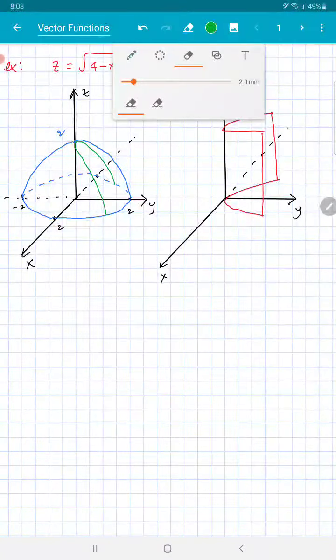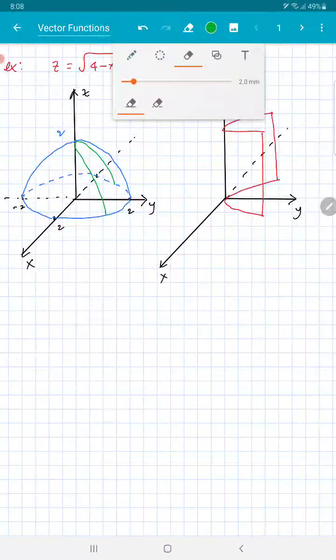So what we do is we start with the surface with fewer variables in it. In this case, that is the parabolic cylinder. We have y equals x squared, so we're going to start with that. Let's say we let x equals t. So we introduce a parameter t here.